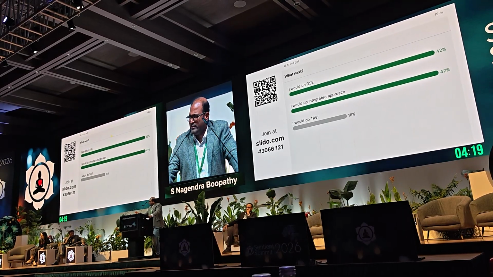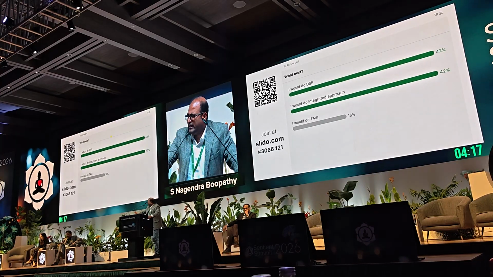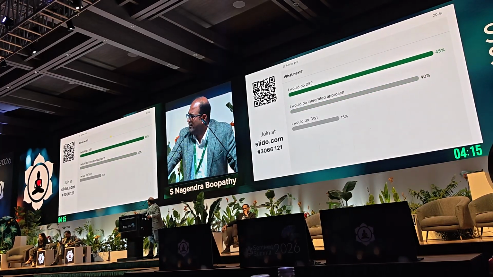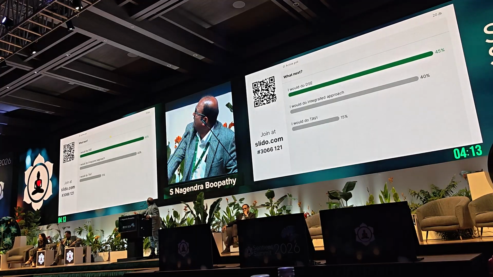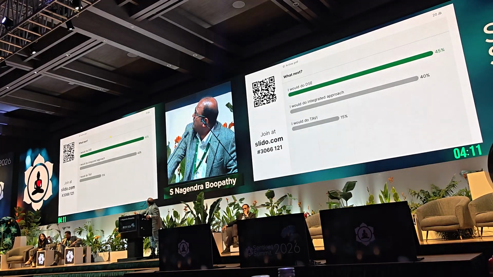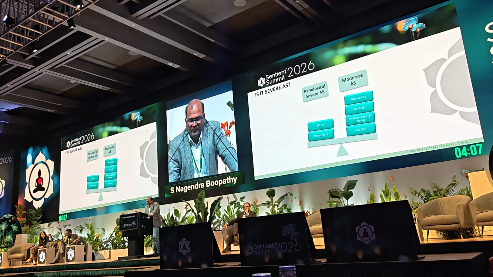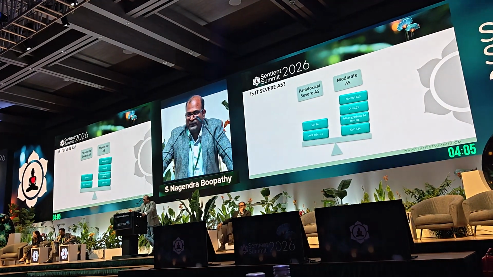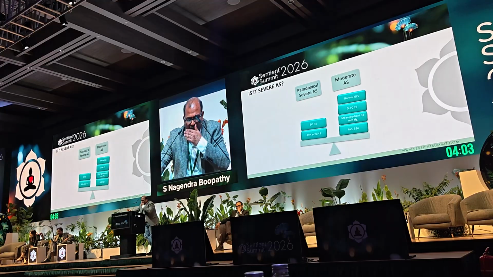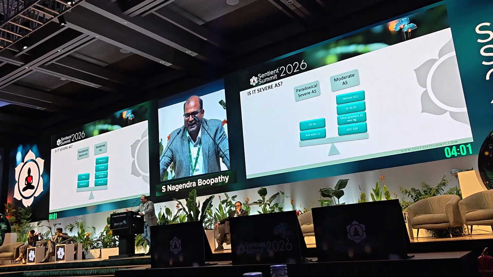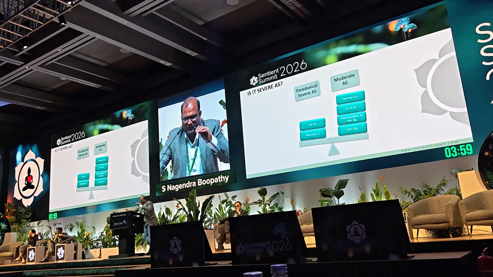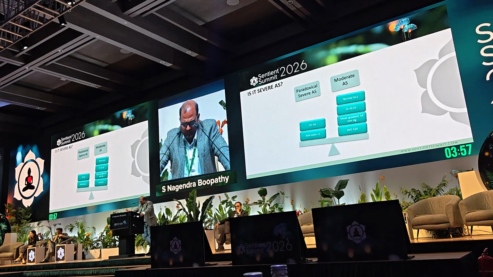I would do DAC, I would do integrated approach, I would do TAVI, and okay, I would do DAC is the highest option. This is the situation we have. The points favoring moderate aortic stenosis are quite high compared to points favoring paradoxical severe AS.